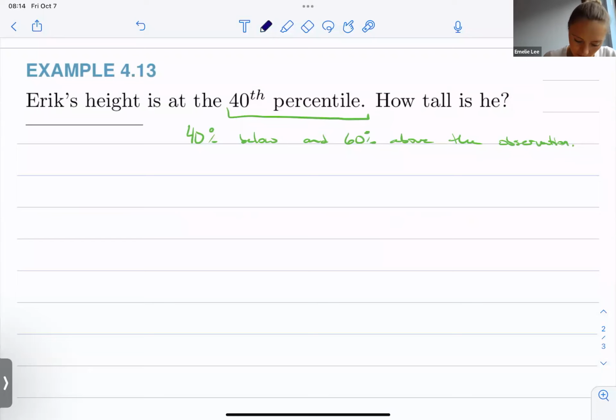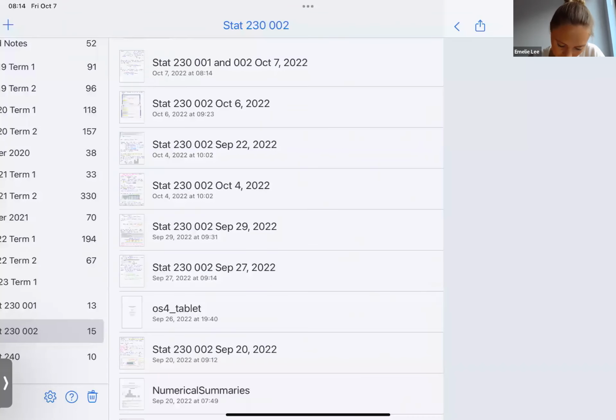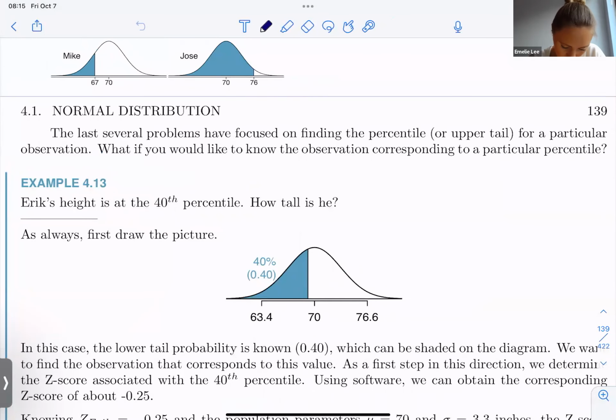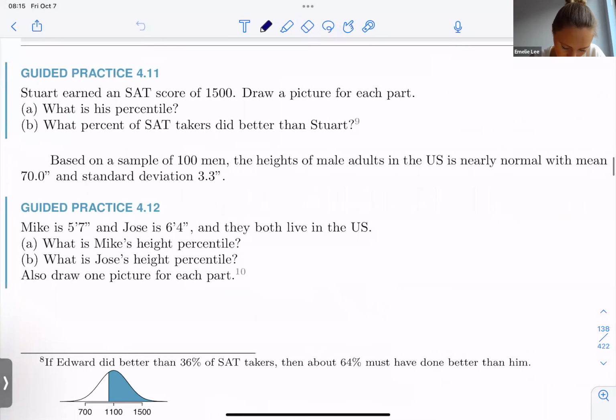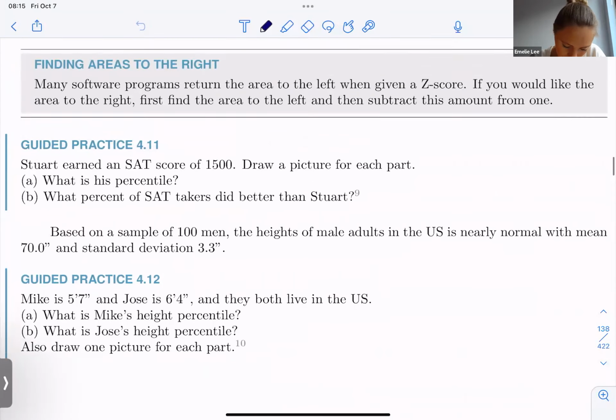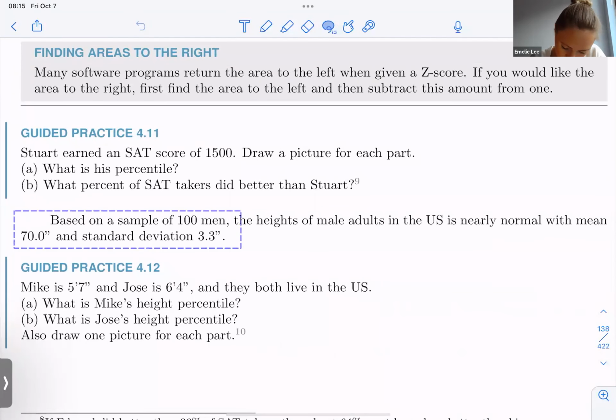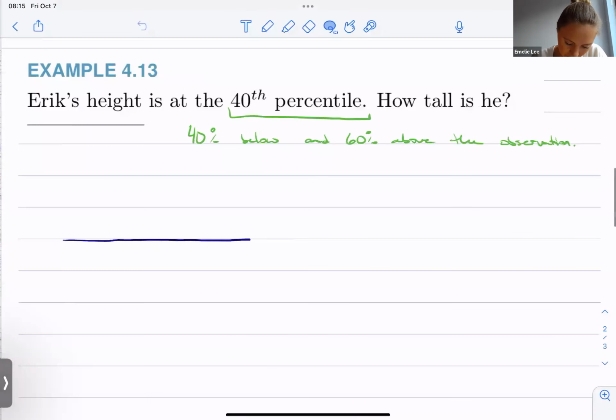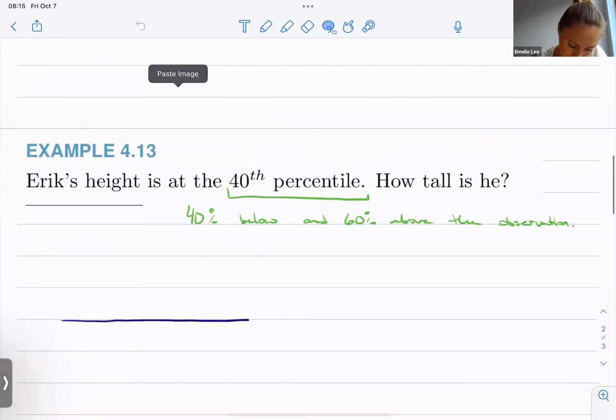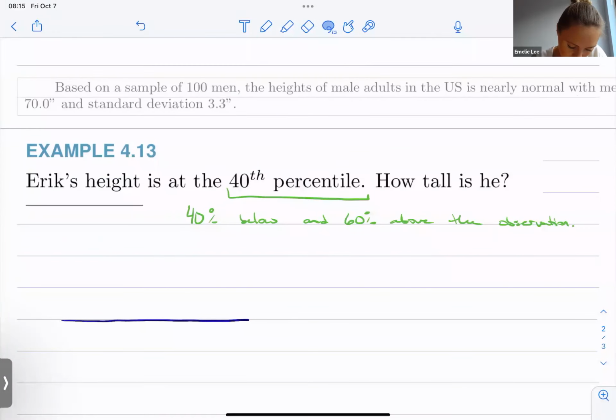Now, first thing you're going to do, even though it doesn't really feel like it, we need to know the distribution for the heights. That might help.